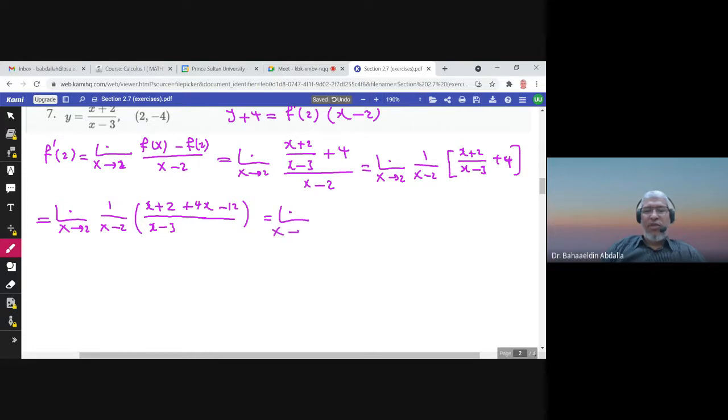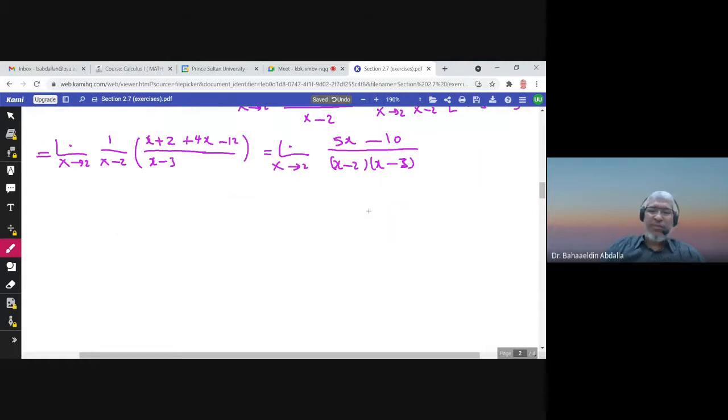So this is the limit as x approaches 2 of, now I can write in the denominator x minus 2 times x minus 3, okay? And in the numerator, I have 4x plus x, that's 5x, and 2 minus 12 is minus 10.